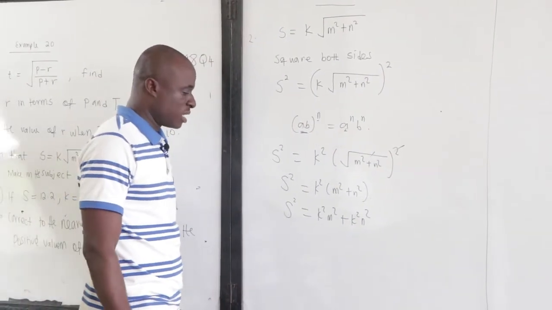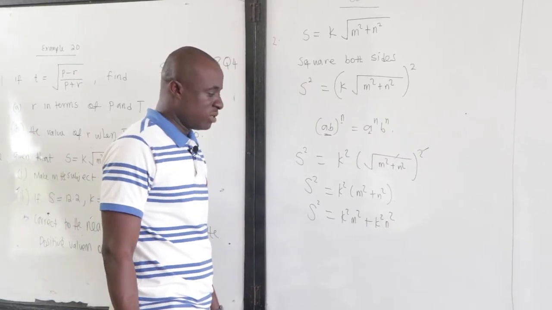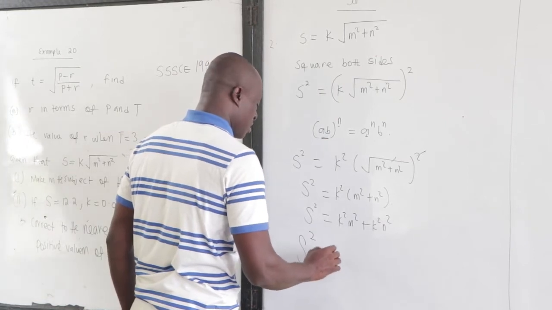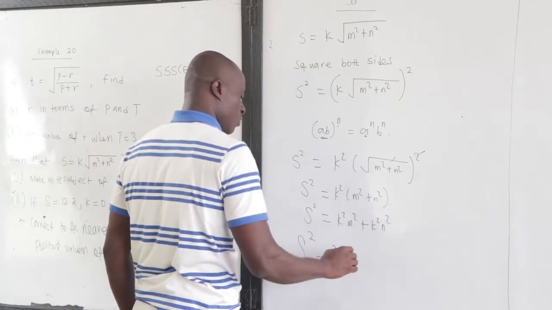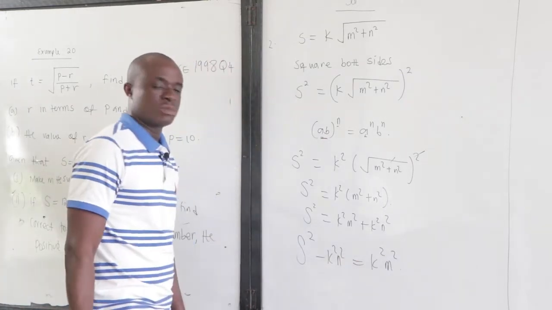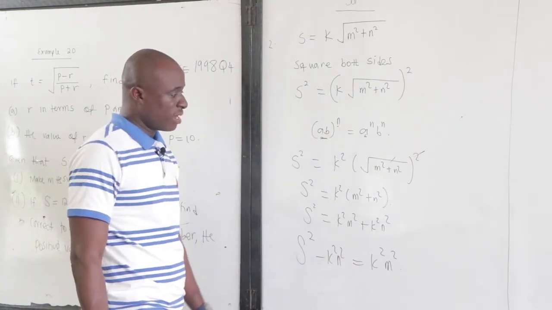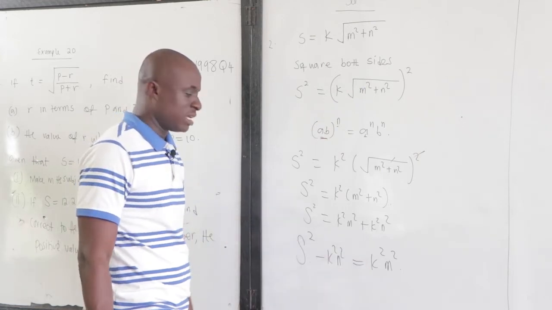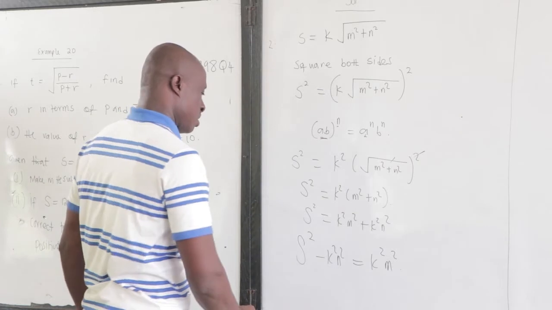We want to make M the subject. So we group like terms. So you have S squared minus K squared N squared. This has to move there. K squared M squared. Now from here, what can we do? We want to make M the subject, so we divide both sides by K squared.